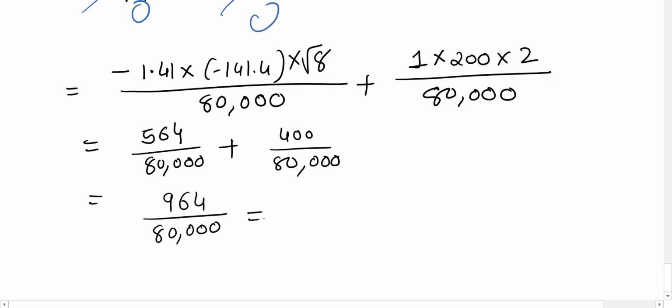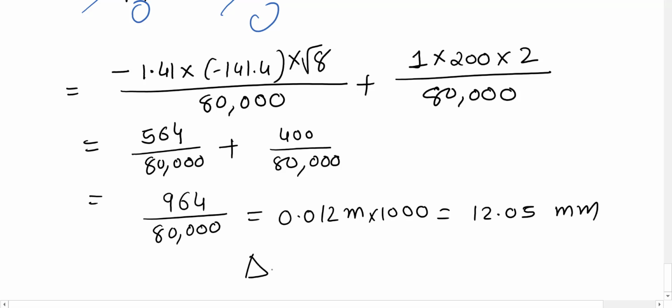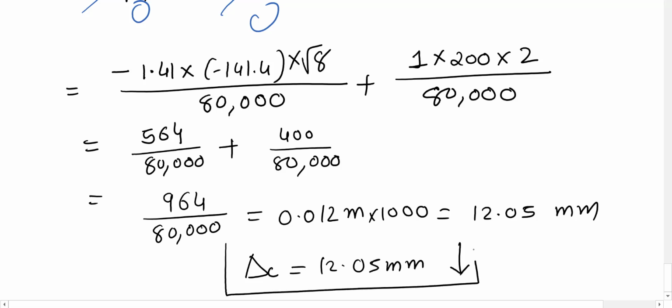And if you take this, this gives us 0.012 meter, and if you multiply by 1000, then it gives us 12.05 millimeters. So delta C in the downward direction is 12.05 millimeters. Thank you very much.